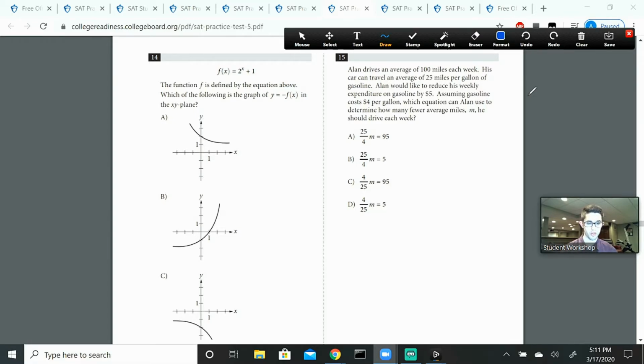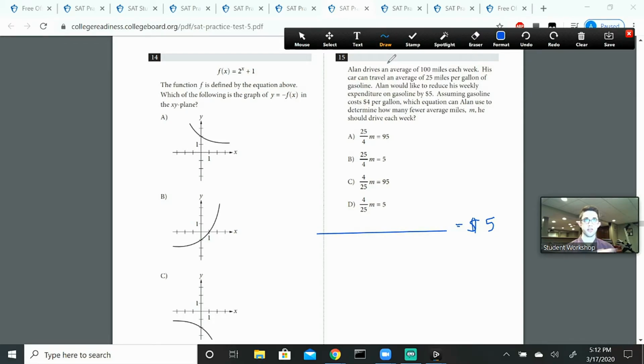All right, so we're trying to get to a reduction of his weekly expenditure on gasoline by $5. So we're trying to solve for the miles reduced that will give us $5. So we're solving for $5. And when I'm dealing with rates, such as miles per gallon or dollars per gallon, I really like using dimensional analysis, which if any of you have taken chemistry will be pretty familiar with.